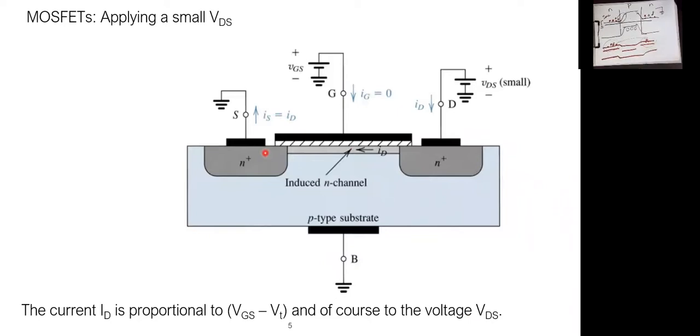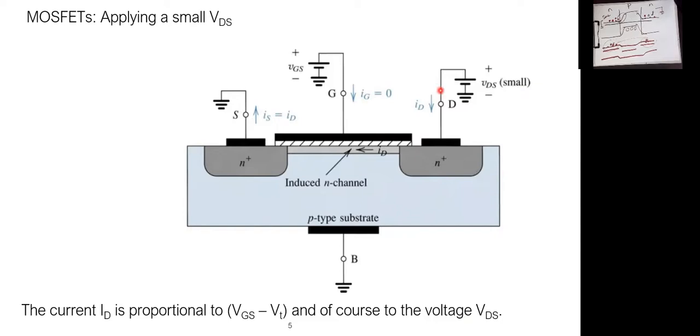Now you can see my pointer on the top right of your screen, so these electrons are now attracted to this side, because simply you have a positive charge at the drain. So electrons are now attracted to go to the positive side. This is the reason to have a current flow.